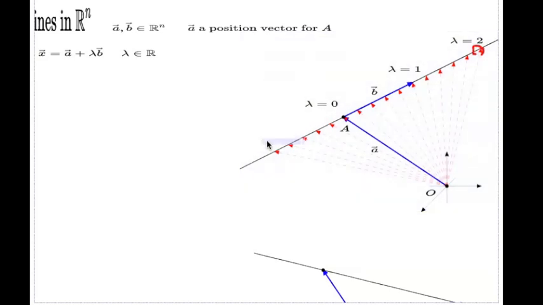When your lambda is negative 1, you have to take the opposite of B, and you will end up somewhere here. The other vectors which you see are produced with a step of 0.2, I think. And that's the reason why this equation is called the equation of a line. In fact, that's the parametric equation of a line.